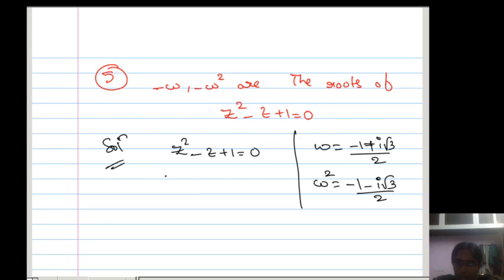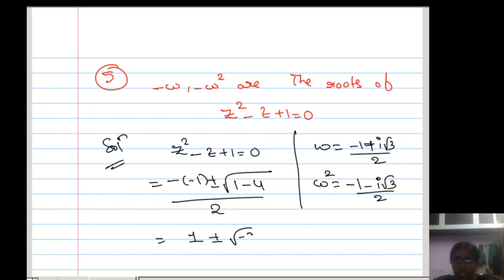How to find the roots? Let us see the formula: minus b plus or minus under root b square minus 4ac, by 2a. Here a is equal to 1, b equal to minus 1, c equal to 1. By using the formula, I get 1 plus or minus root of minus 3, by 2. This is equivalent to 1 plus or minus i root 3 by 2.